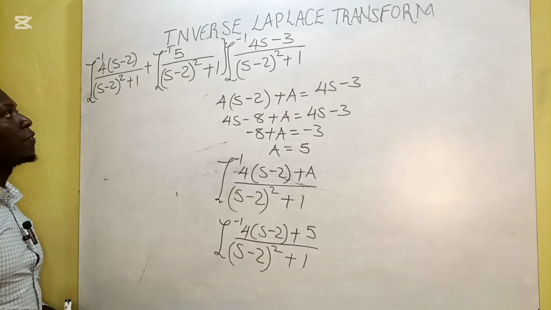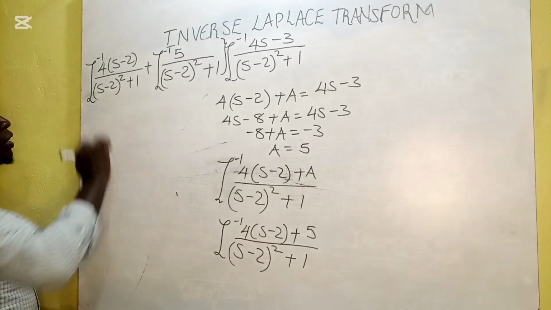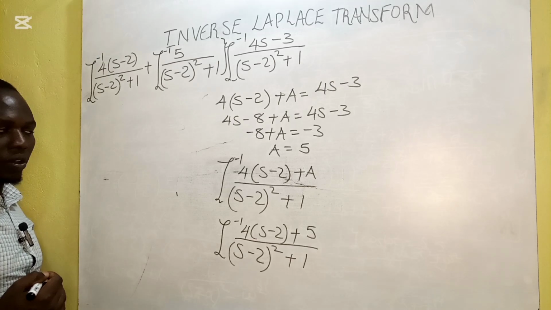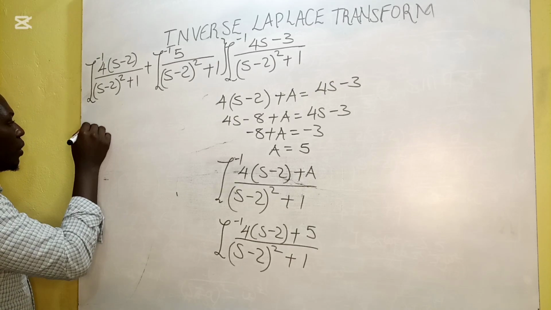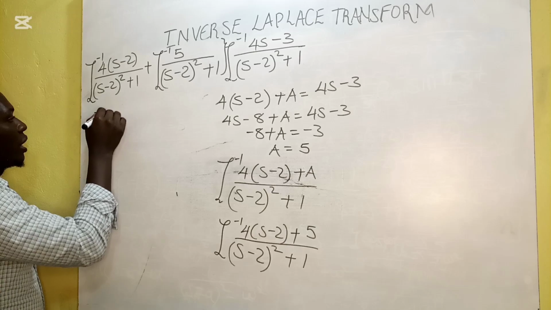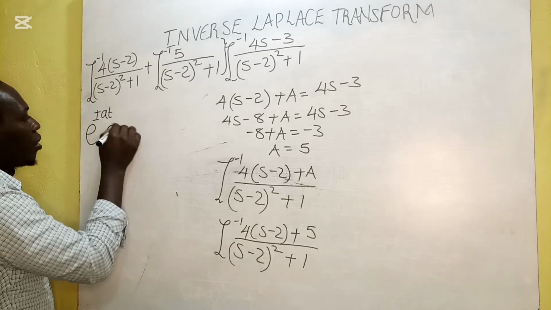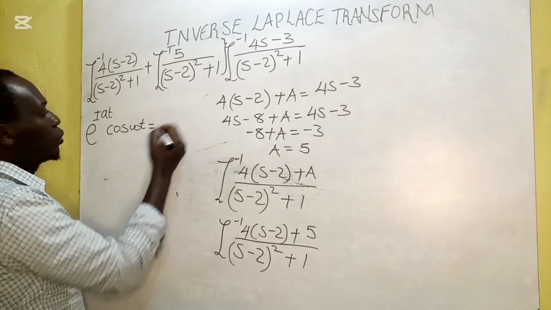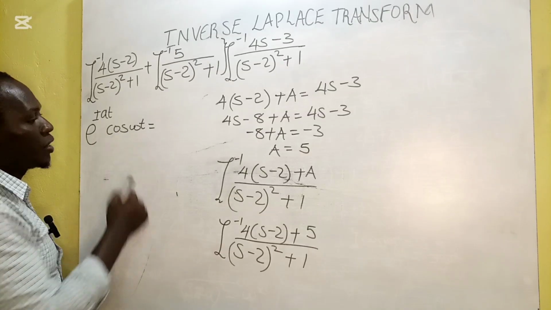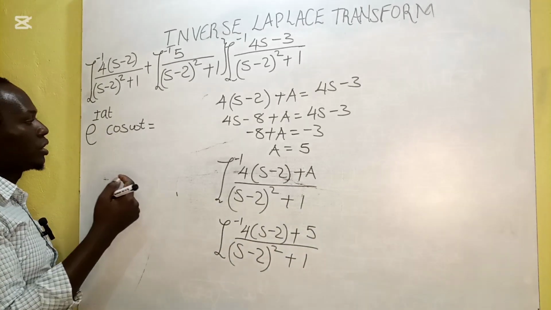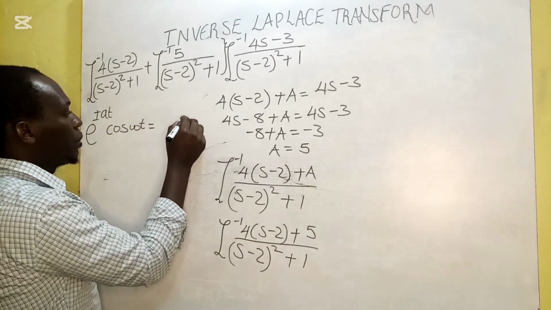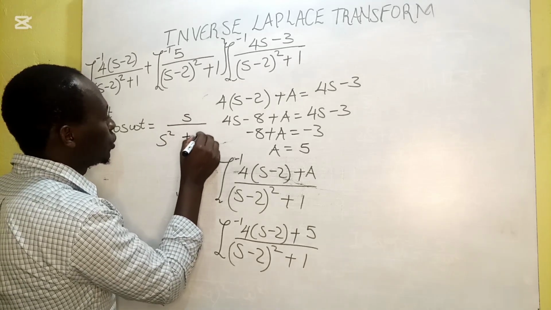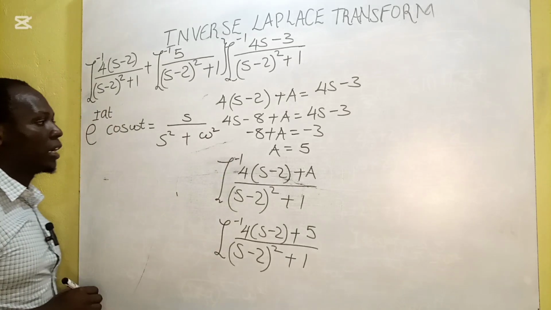Let us now find the Laplace inverse of these two. We understand from the first shift theorem that exponential positive or negative of at cos our angle t is equals to, here first you must get the Laplace transform of cos our angle t, whereby we are going to have s all over s squared, we add to our angle squared.